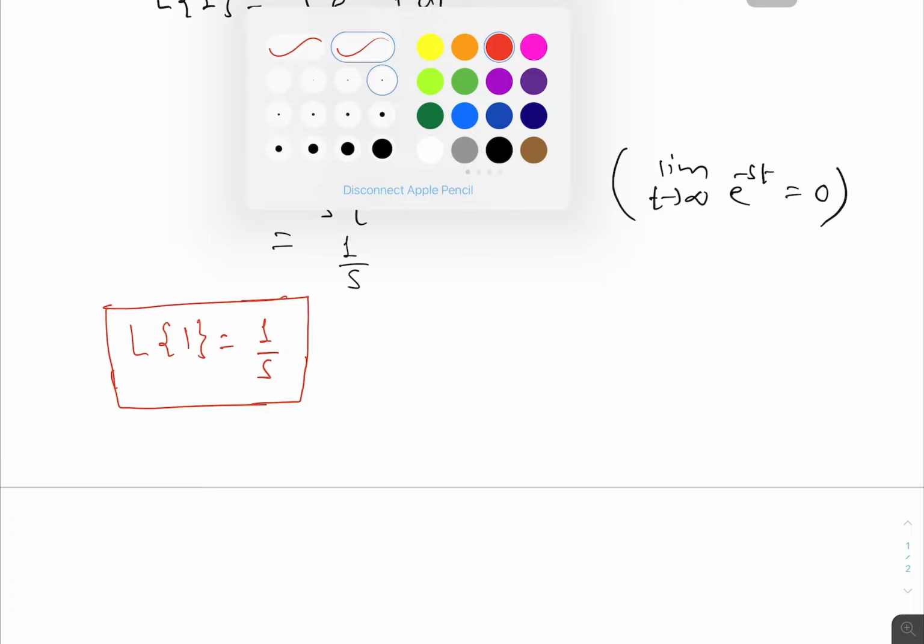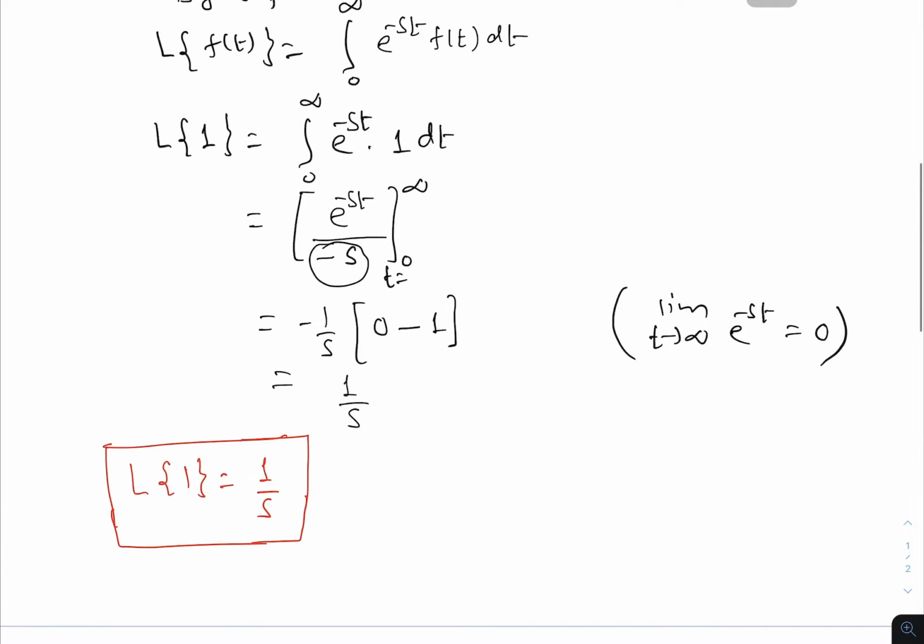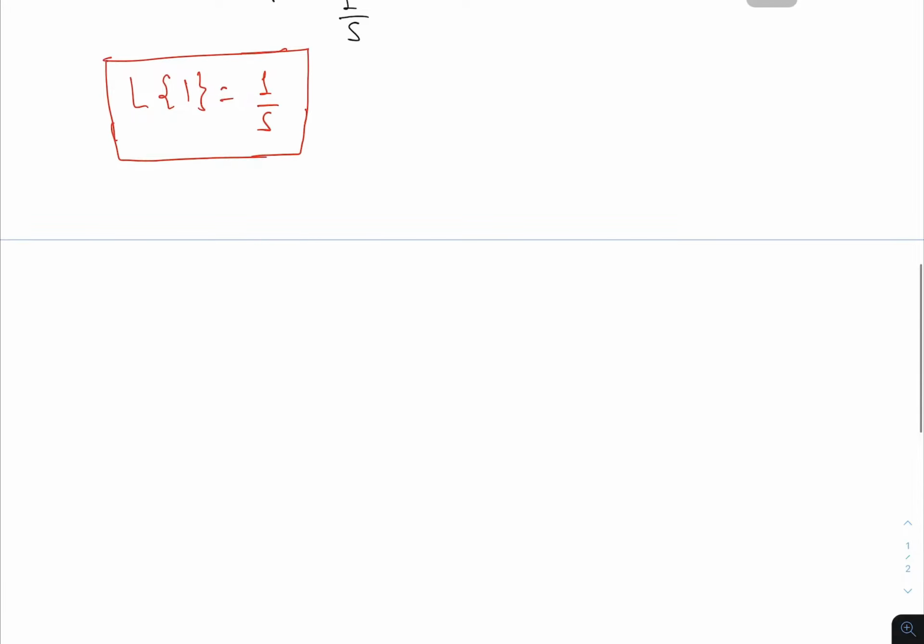Let us find the Laplace transformation of another function. So the Laplace transformation of t power n. Let us take f(t) equal to t power n. So let us find the Laplace transformation of t power n.